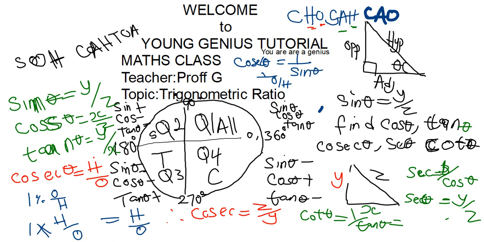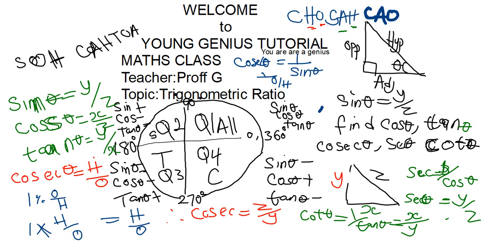That is the inverse of tan. If you observe very well, tan is opposite over adjacent, but the inverse of it is cot, which is A over O. Since we already have our tan here to be y over x, we are going to have 1 over y over x, so it's going to be x over y.